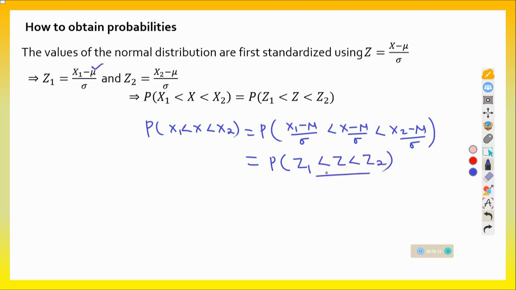So you have standardized your X, which means you will now deal with the standardized expression to get the probability of X1 less than X less than X2.